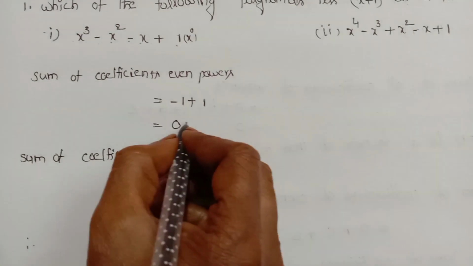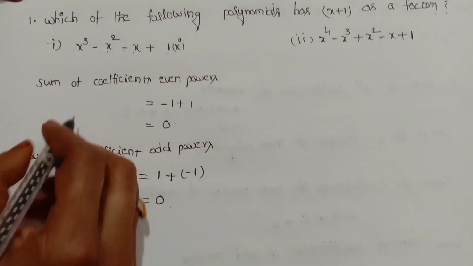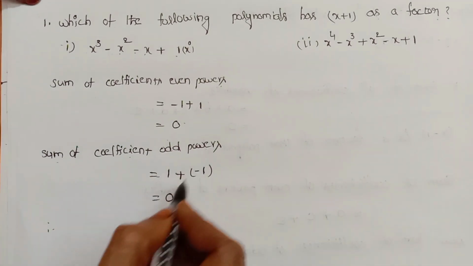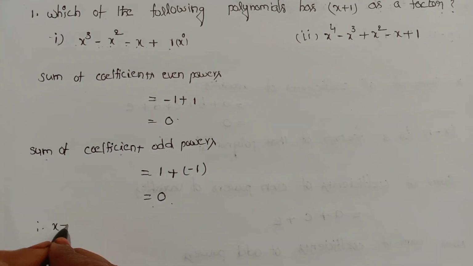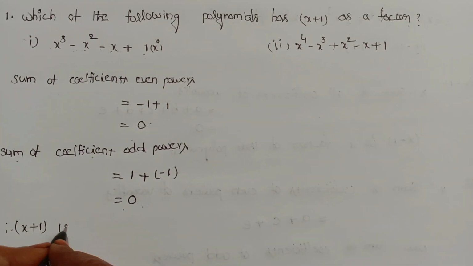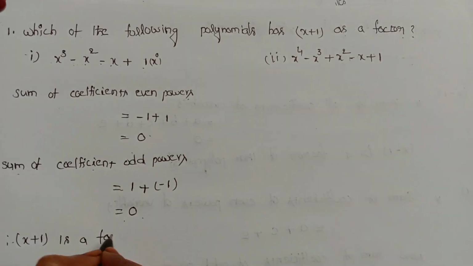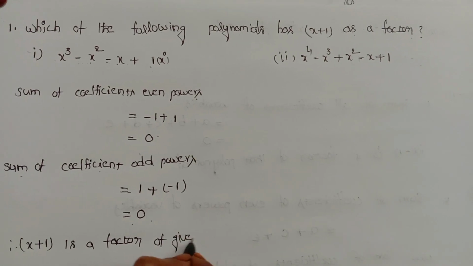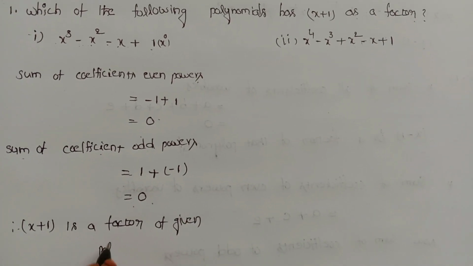Therefore these two are 0. Sum of coefficients of even powers is equal to 0. Sum of coefficients of odd powers is equal to 0. Therefore x plus 1 is a factor of the given polynomial.